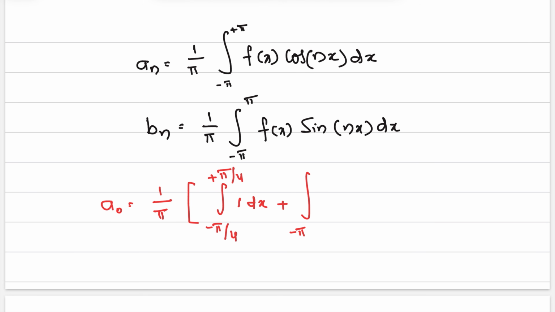Integral minus pi by 2 to minus pi by 4, function x is cot x dx, plus, because I want from minus pi to plus pi, another integral pi by 4 to pi by 2 cot x dx. For all other values, the function x is 0.